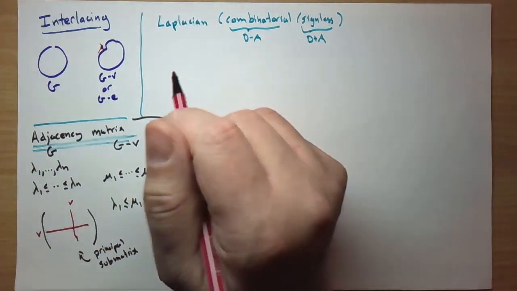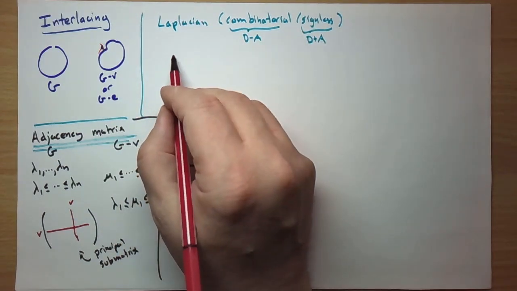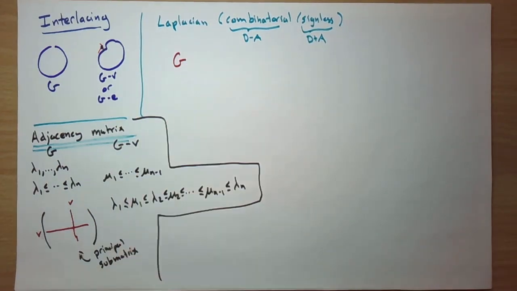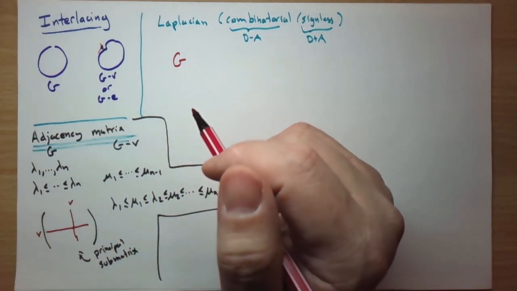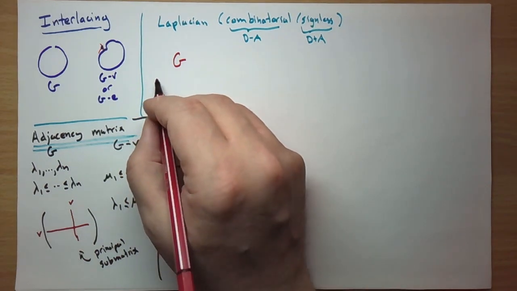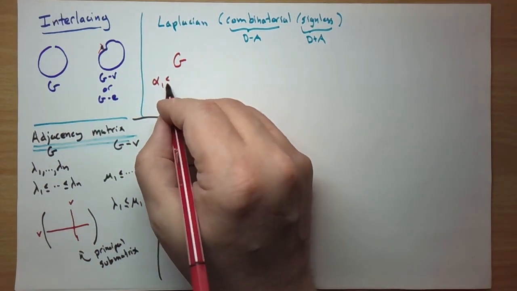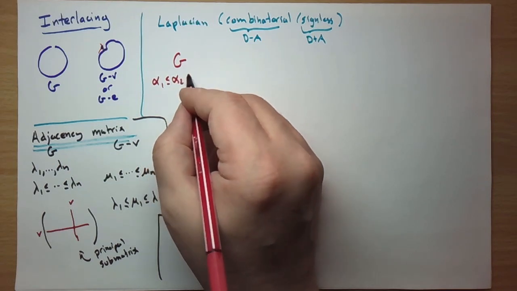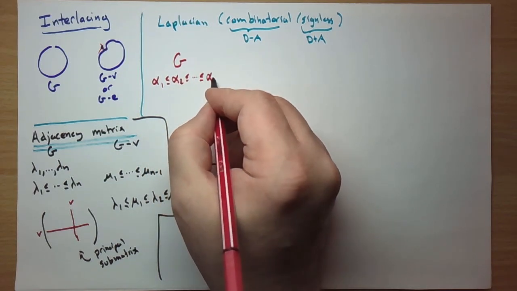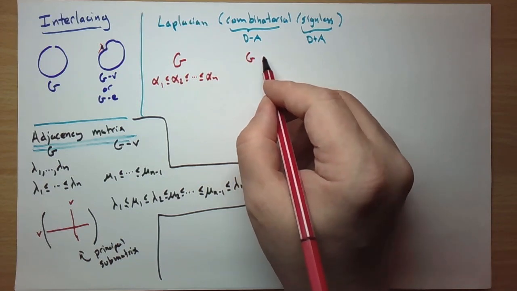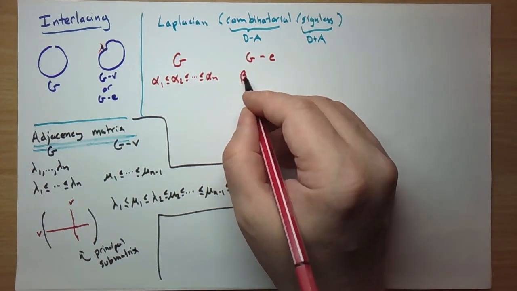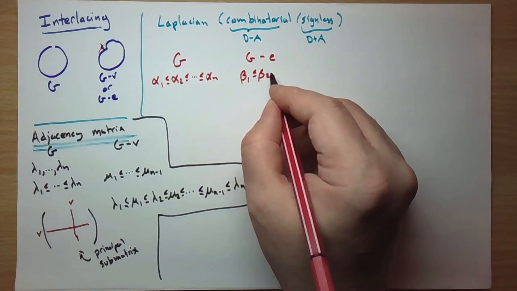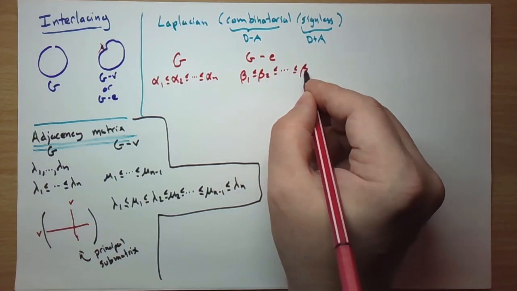So for the Laplacian, what you look at is G, with eigenvalues alpha 1 less than or equal to alpha 2, all the way up to alpha n. And then we'll look at G minus an edge. So we're deleting an edge. And now what do we have? Beta 1 less than or equal to beta 2, all the way up.